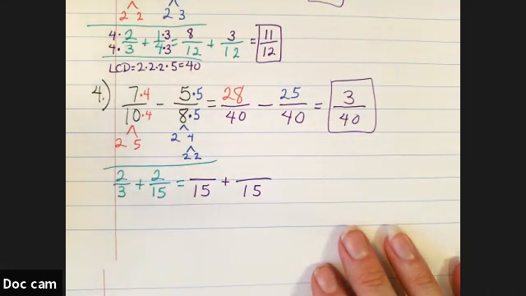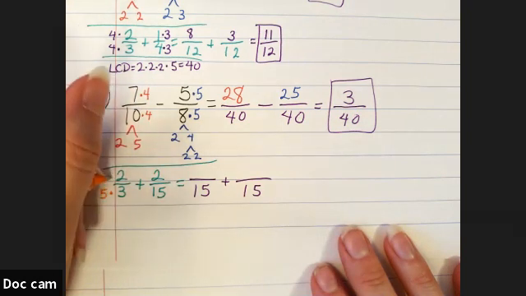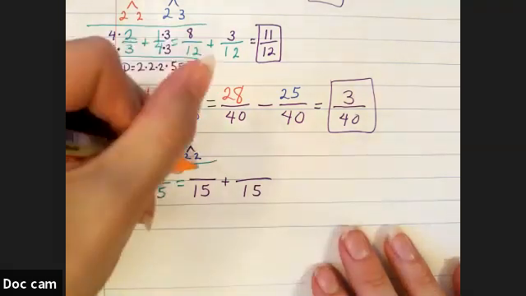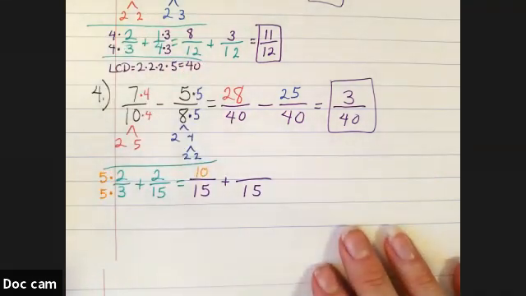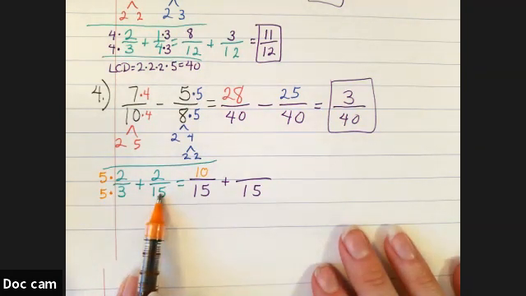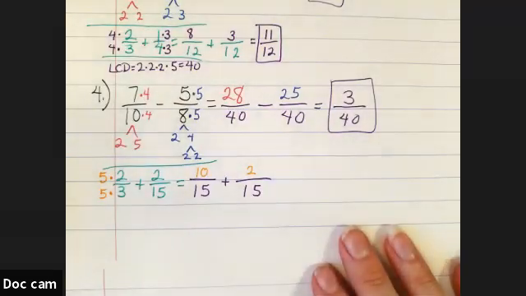And then what do we need to multiply with 3 to get 15? So that would be 5. And then we also need to multiply that 5 times the numerator as well. So 5 times 2 is 10. And then for 2 over 15, you already have the LCD there, so you don't need to multiply it by anything. So you can just put the 2 there.